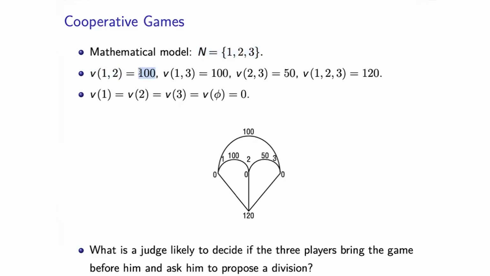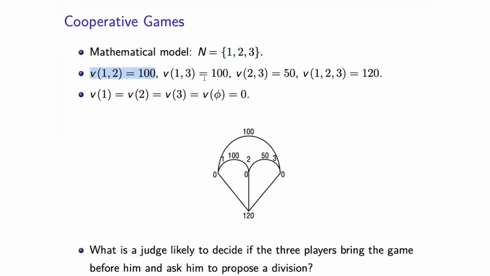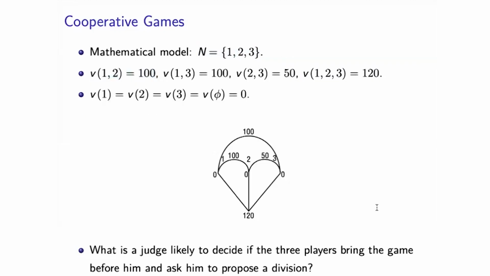I'm skipping the lakh because I would have to keep on writing lakhs. So the unit is lakhs here. So the value of the coalition 1 and 2 is 100 lakhs, and therefore V12 is equal to 100. What happens if only 1 and 3 sign up? In that case, the same thing: the value of the coalition is also 100. But if only 2 and 3 sign up, then the agent is only going to pay them a total of 50 lakhs.